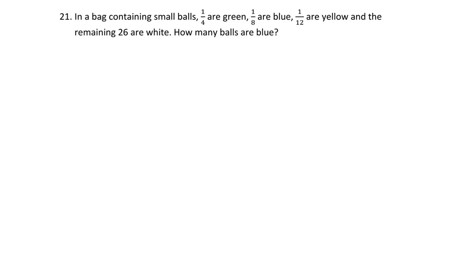So for the green, we have 1/4, blue, we have 1/8, and for yellow, we have 1/12, of which after summing the values, the total value of all the fractions equals 11/24.